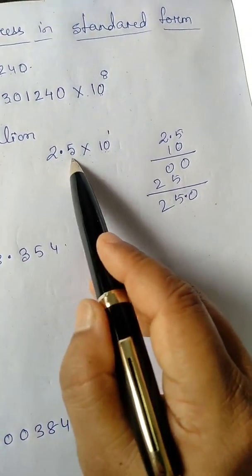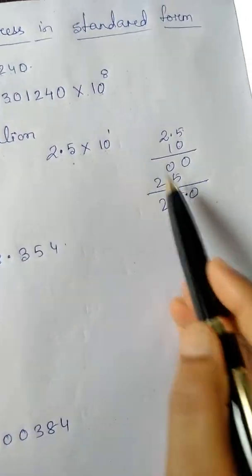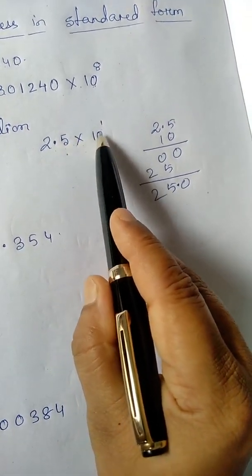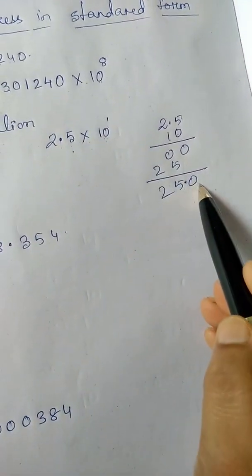That means 2.5 into 10 to the power 1 means the point is moving to the right side. Positive means the point will move to the right side.